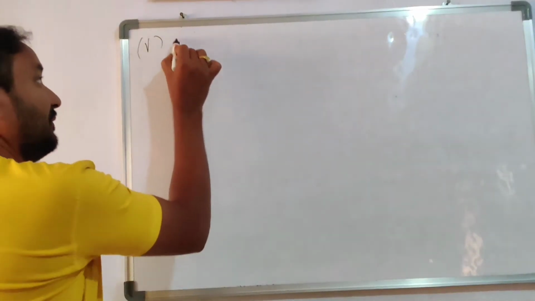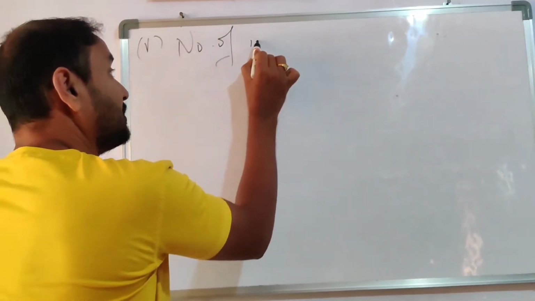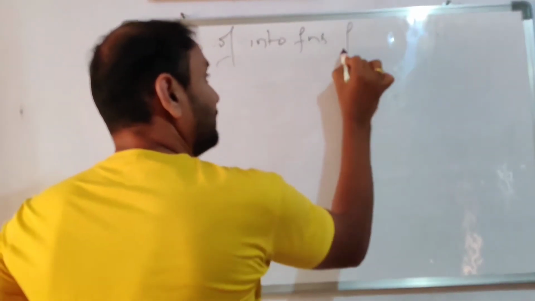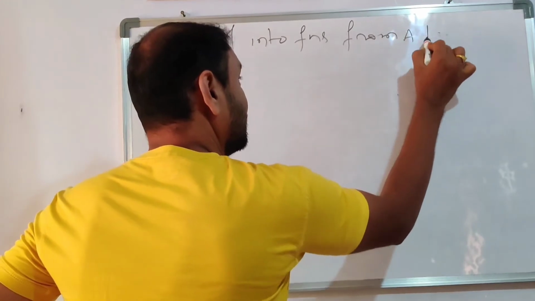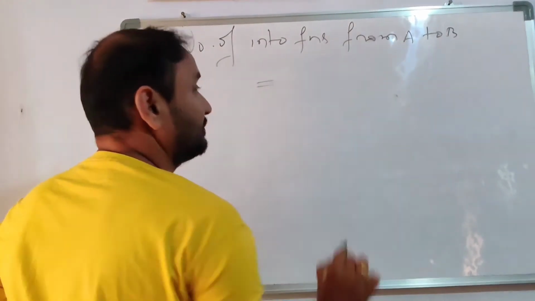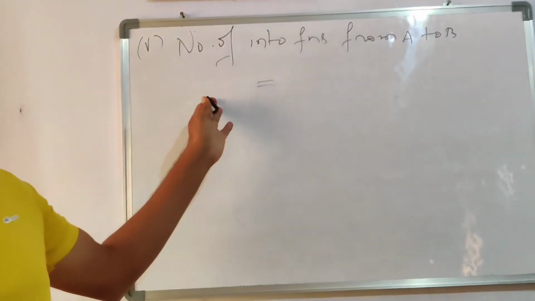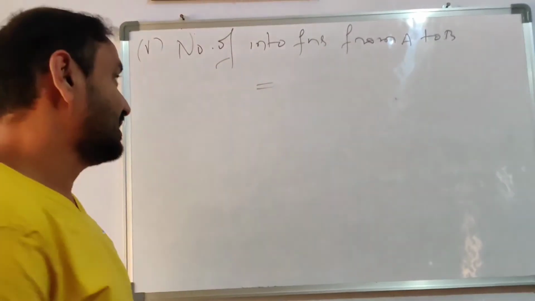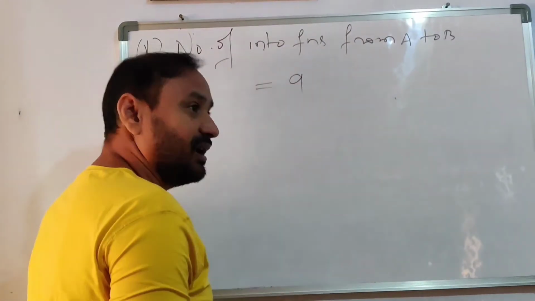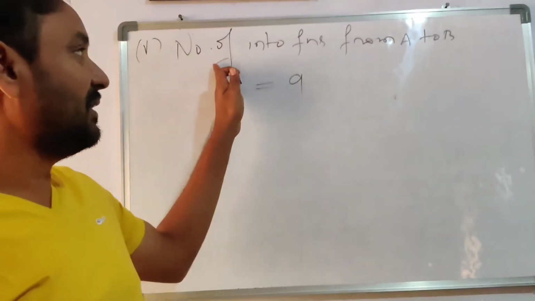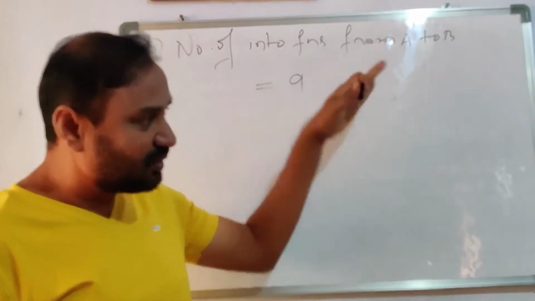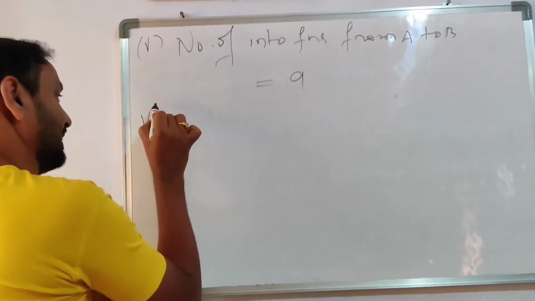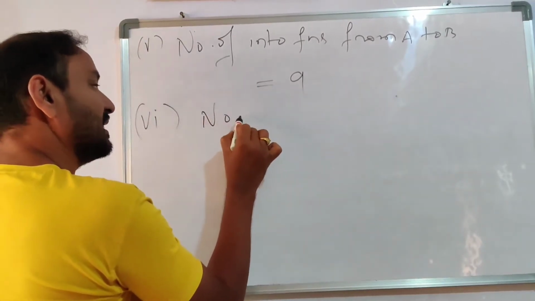So the number of into functions from A to B is equal to the total number of functions, that is 9, because onto functions do not exist.